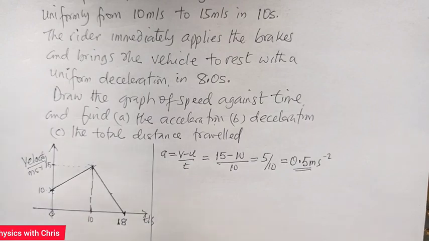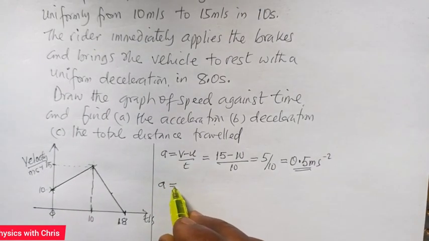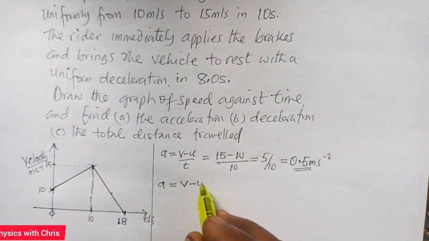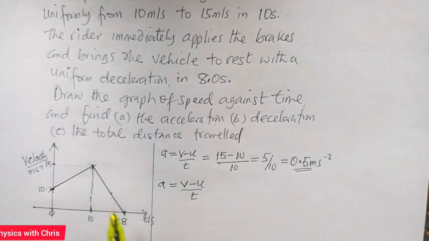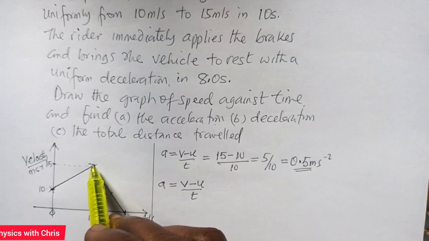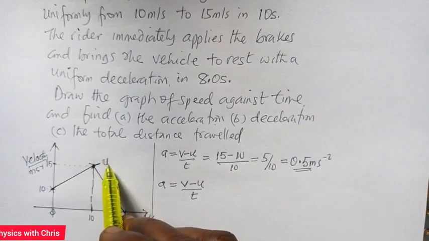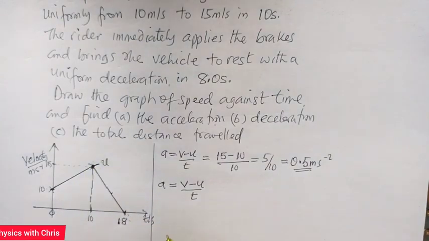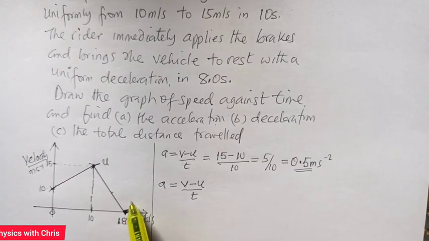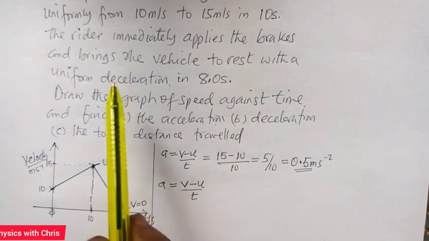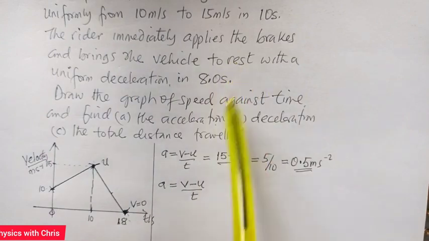Now the deceleration of the vehicle, I'm still going to use the same formula, v minus u over t, or the slope of this graph. But I must note that the speed here is my initial speed or velocity. Then when the vehicle comes to rest, the speed here is the final, which is 0, because we're told that the vehicle decelerated to rest.